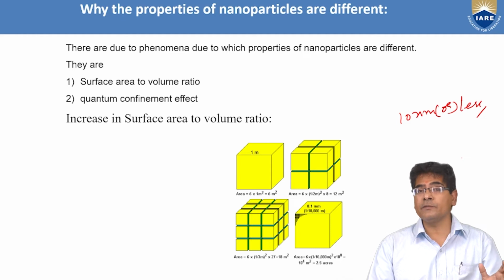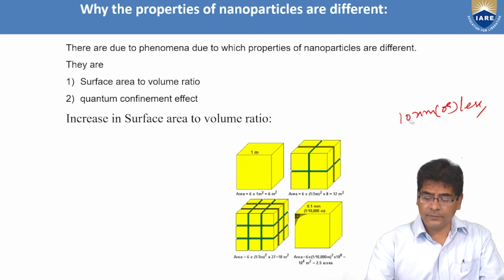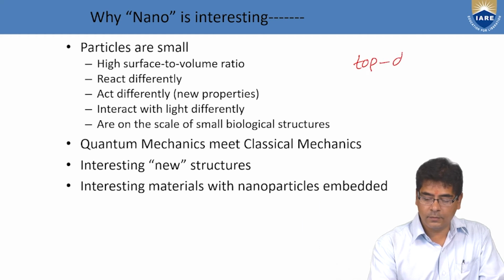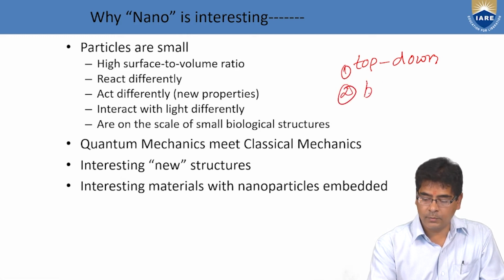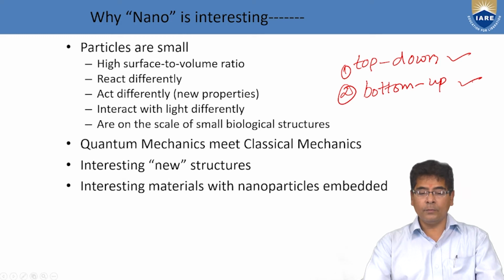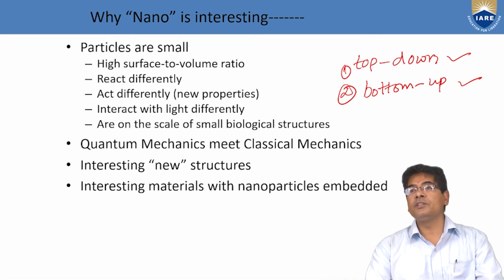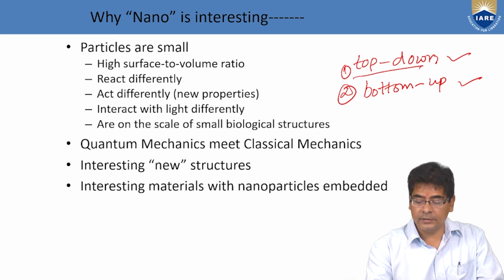That means fabrication of nanomaterials can be done in two processes. These are the two important processes in which nanomaterials can be fabricated. One is top-down and the other is bottom-up.